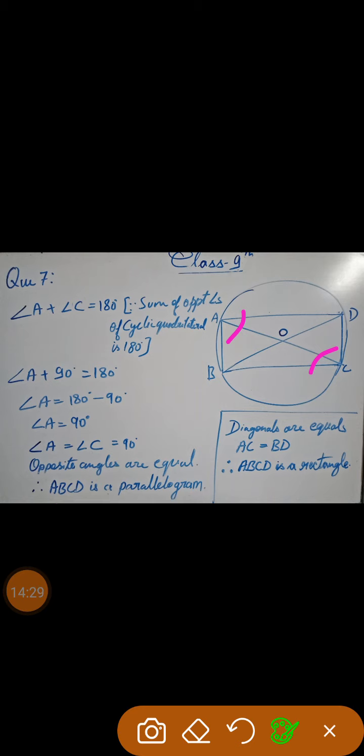Now one more thing, the diagonals are equal. It is given that these both are diameters of the circle, so both diagonals are equal. So it is a parallelogram and the diagonals are equal, which means ABCD is a rectangle, it is proved. If in any parallelogram the diagonals are equal, then that parallelogram is a rectangle.